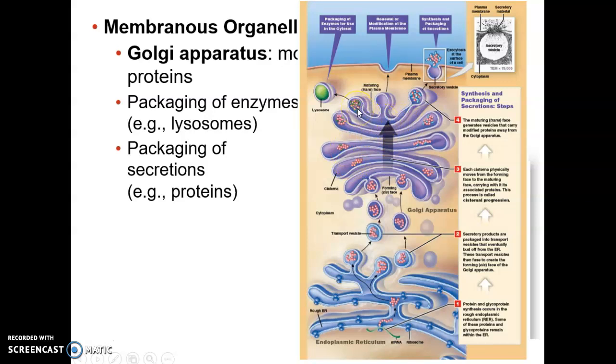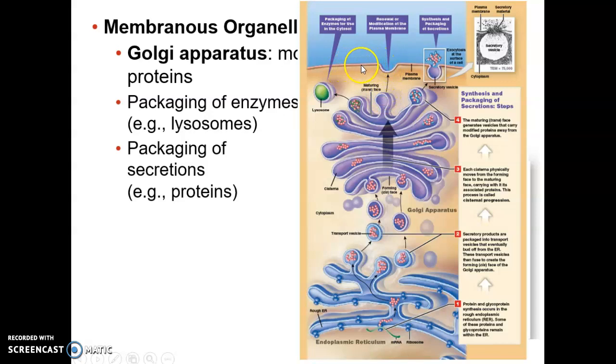The protein then gets put into a vesicle that can become a lysosome to do its functions within the cell, or the protein can be secreted via exocytosis, or the protein, if it's destined for the plasma membrane, will then be inserted into the plasma membrane as that vesicle fuses with the plasma membrane.